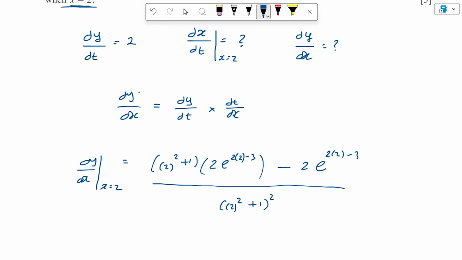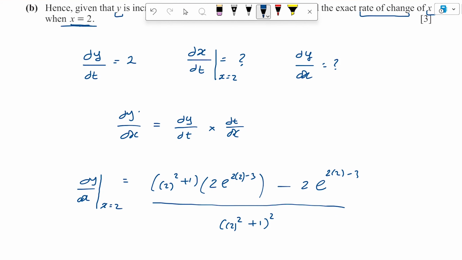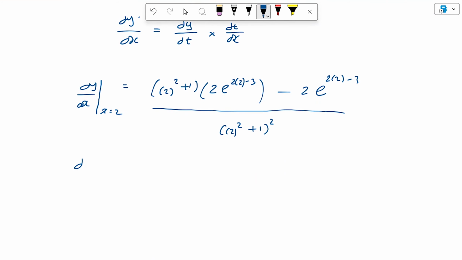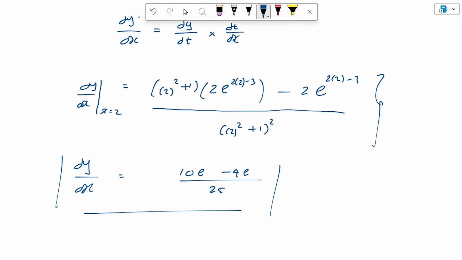Two squared plus 1, okay, and then when we compute this thing, we are going to get 10e minus 4e over 25. This is our gradient when x is equal to 2.